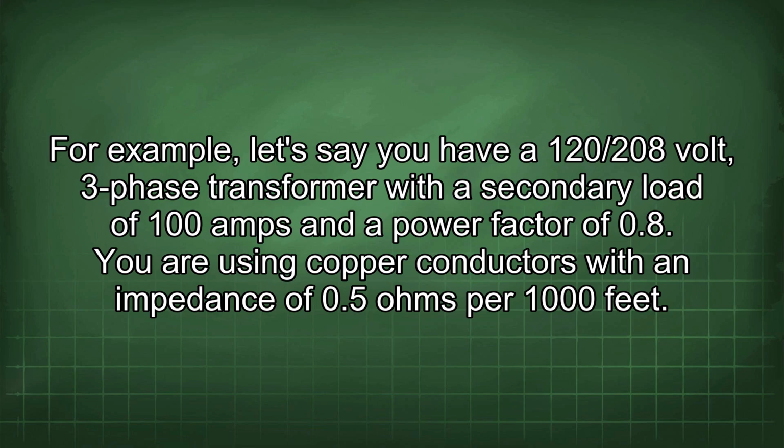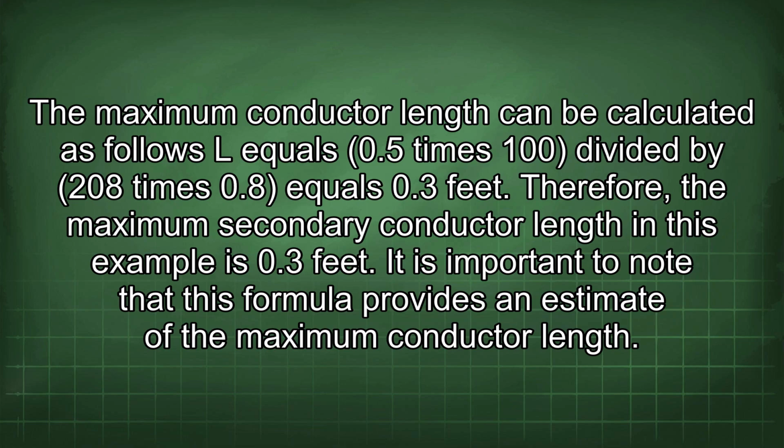You are using copper conductors with an impedance of 0.5 ohms per 1000 feet. The maximum conductor length can be calculated as follows: L equals 0.5 times 100 divided by 208 times 0.8 equals 0.3 feet. Therefore, the maximum secondary conductor length in this example is 0.3 feet.